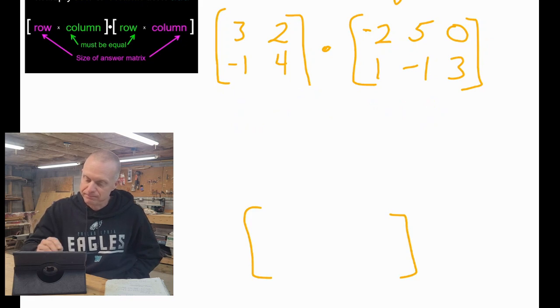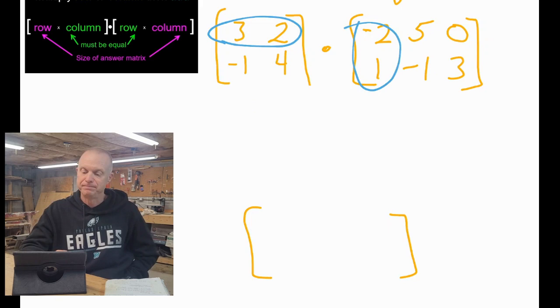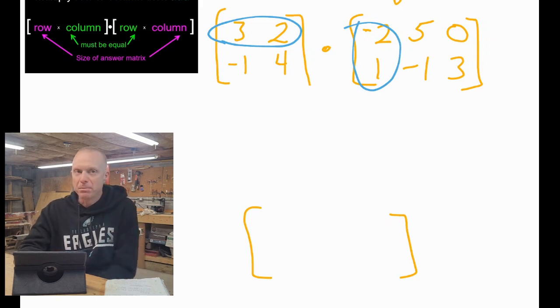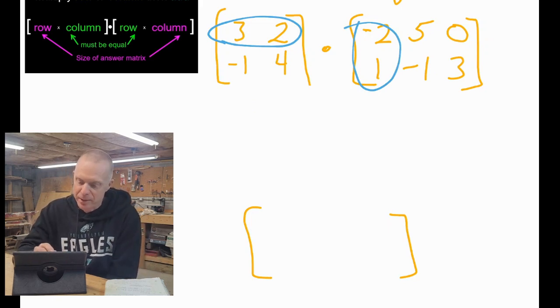All right. What do we mean by multiplying a row by a column? Here's a row. Here's a column. What I'm going to do is multiply those numbers together. The first numbers that I multiply together are 3 and -2, and that is going to give me -6.